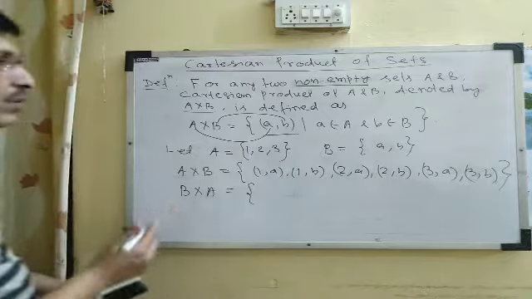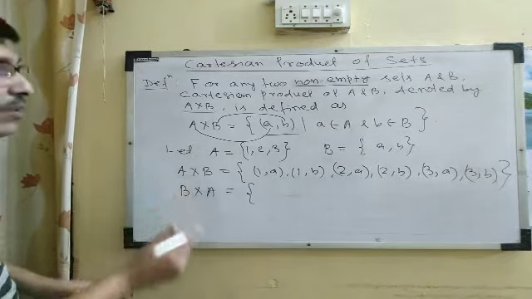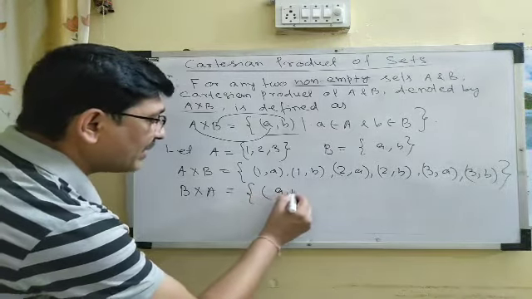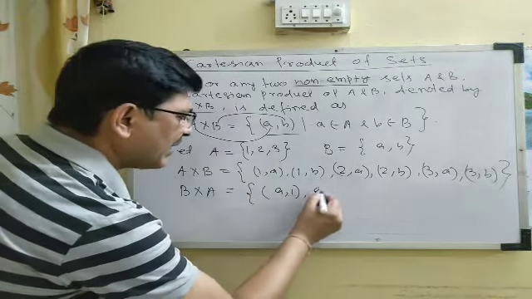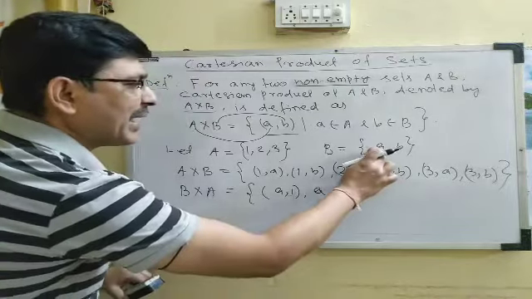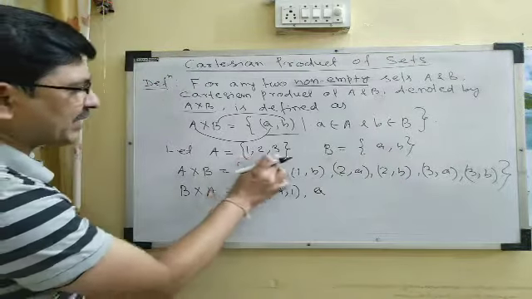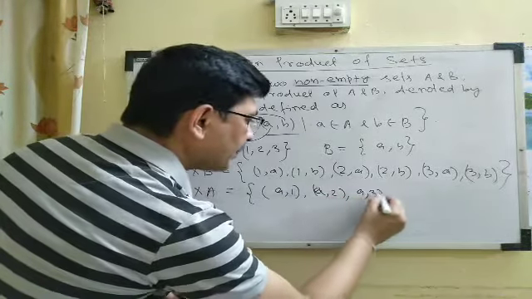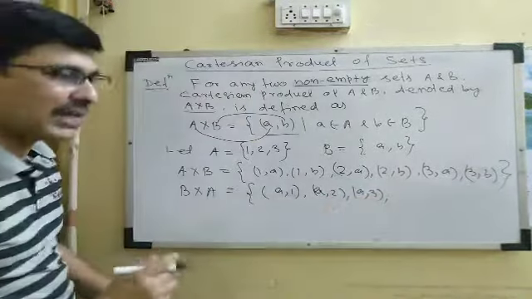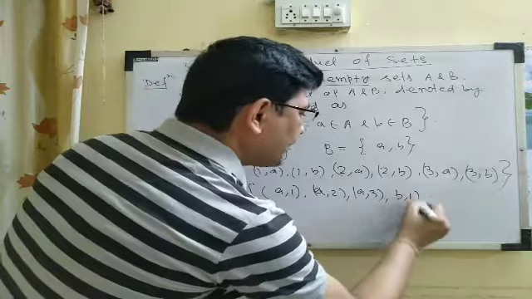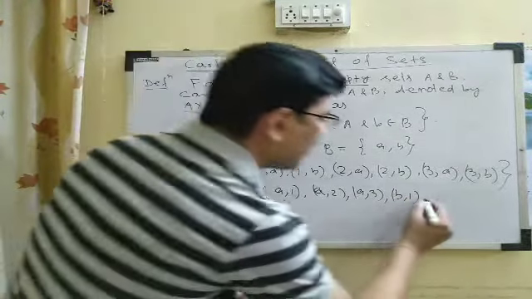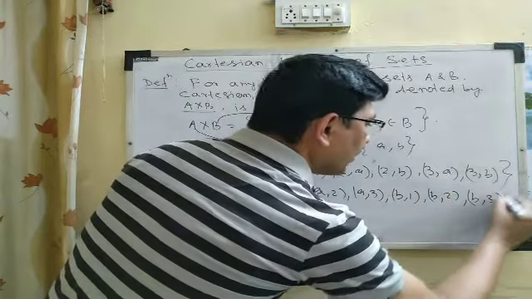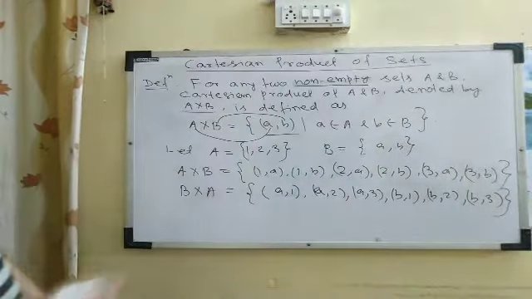So let us collect all such possible ordered pairs. We can write it as (a,1), (a,2), (a,3): the first element I took a, and the second element I can take any of these. Now if the first element is b, then (b,1), (b,2) and (b,3). Okay, so this is B cross A.